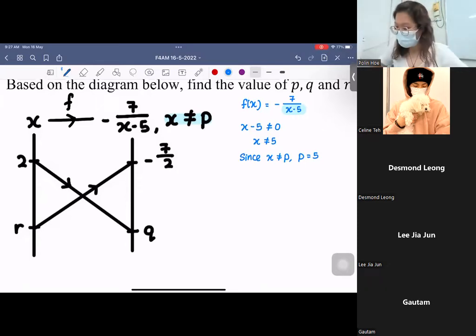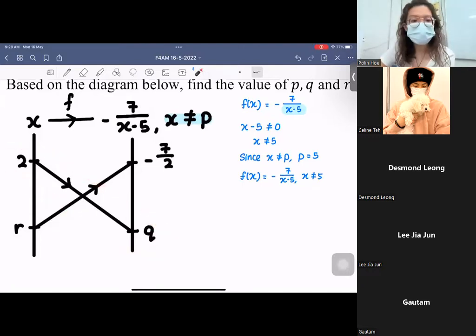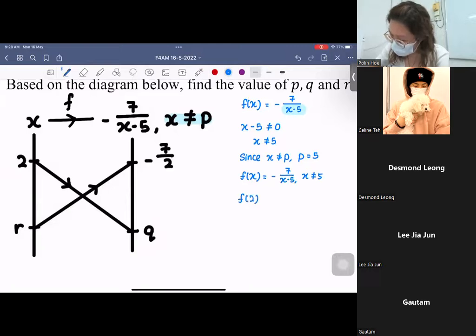After you know the value of P, you can write the function again: -7 over x minus 5, x is not equals to 5. Now, let's settle this part. f(2) equals to Q. Substitute 2 inside your x, because this is f(x), I change x to 2.